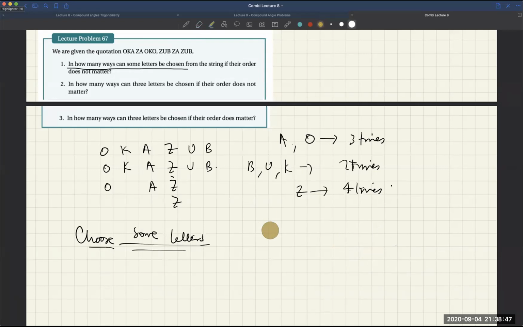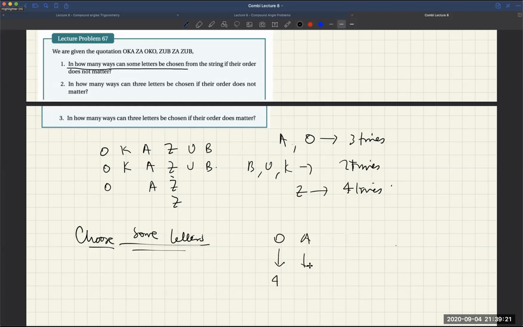So how do we go about this? How many ways can O be chosen? O can be chosen in 4 ways.